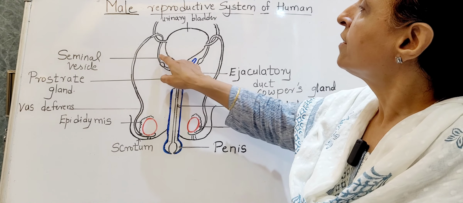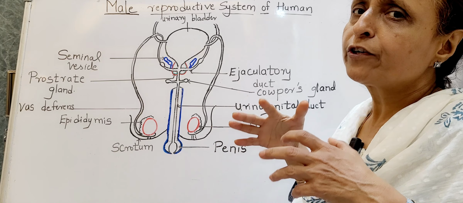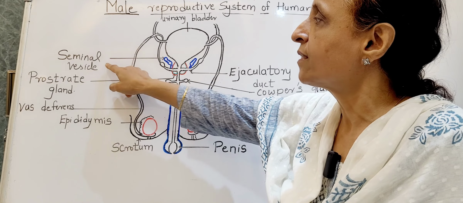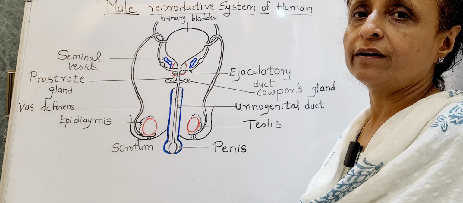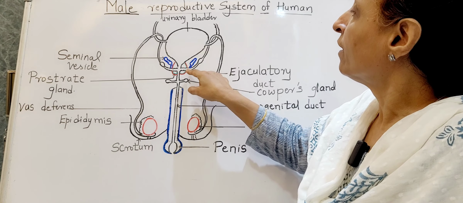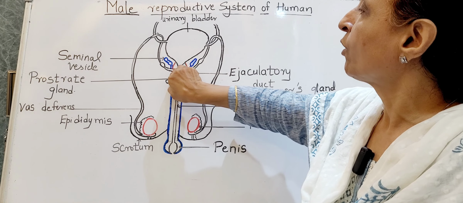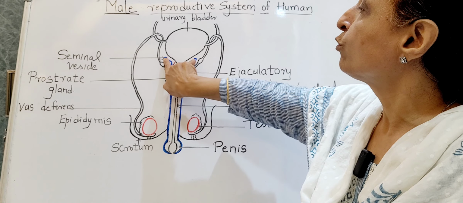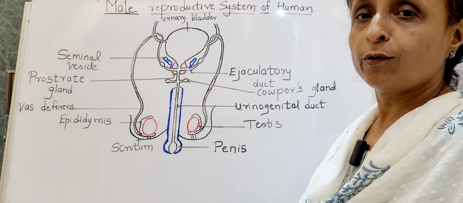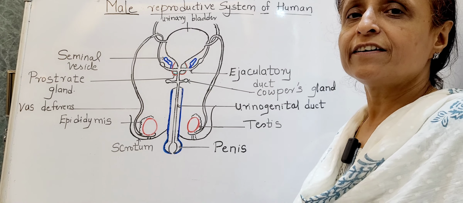Now here is the seminal vesicle. It is all made up of tubules and glands. This gland, the seminal vesicle, pours fluid into the ejaculatory duct. You have two seminal vesicles. They pour out a fluid which is alkaline in nature.